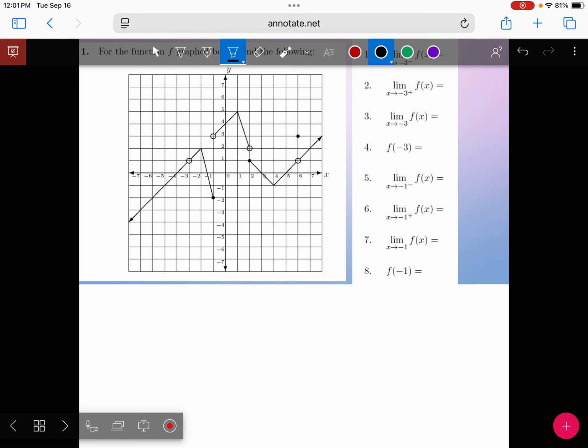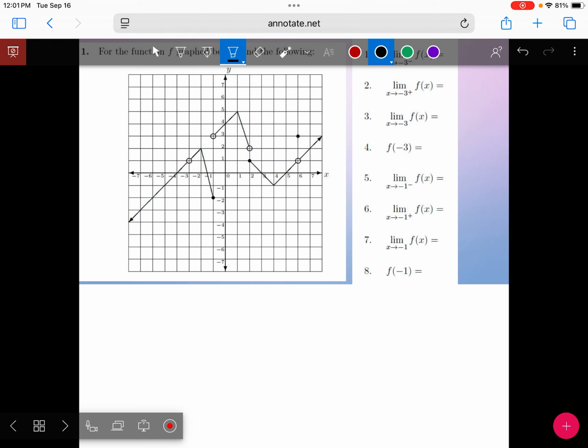So from here to here, not including this, so between here and here, that's 20. Do you have a hole, do you have any jumps or anything? So that means that every place has a limit. So that would be true.